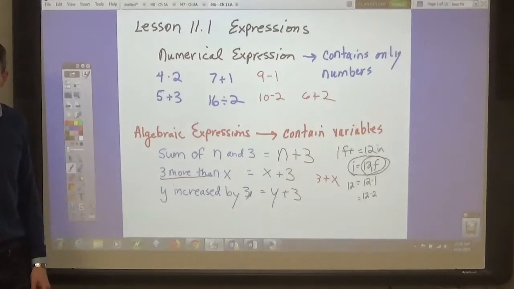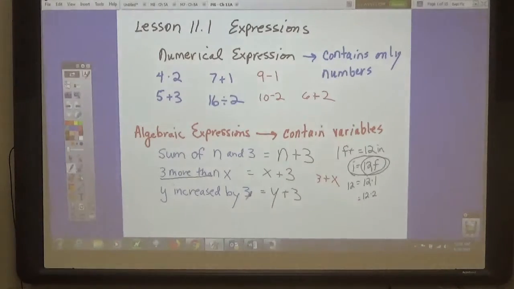Okay? Let's take a look at some of the ones in your book. On page 314. It says at the top, an algebraic expression is an expression that includes at least one variable. Look at this example. Number 1, write a word expression to represent the monthly charge for text messages.